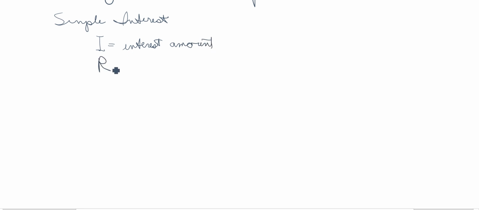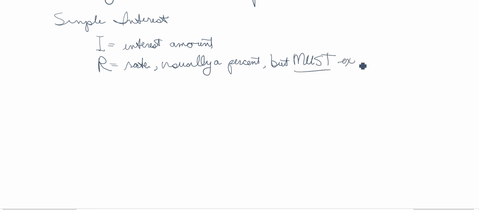We use the R to represent the rate, and it's usually a percent, but we have to express it as a decimal. T is the time, and it needs to be expressed in years.